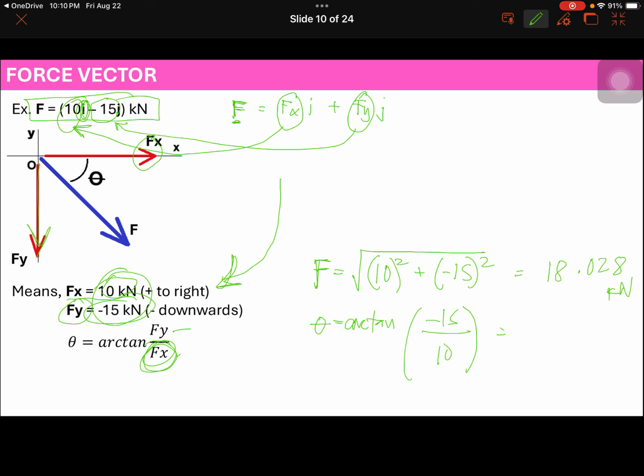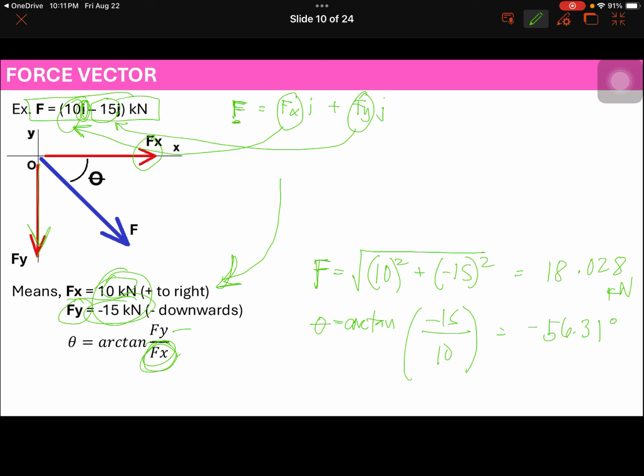Arctangent. So, computing, F is equal to 18.028 kilonewton and your theta is negative 56.31 degrees.